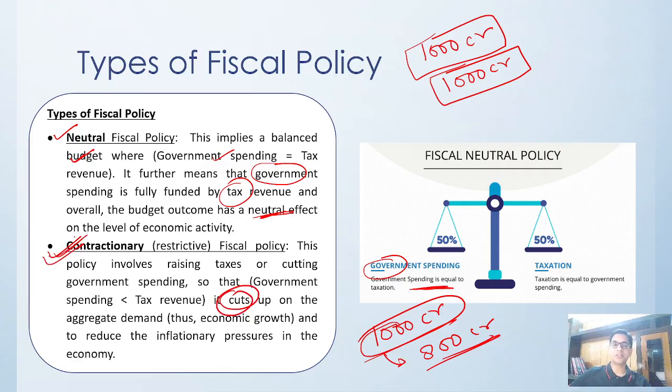Contractionary fiscal policy is only utilized by the government when you have high inflation. In order to beat the inflation, government reduces the spending in the market. Because of the reduction in spending, the demand goes down and inflation goes down.